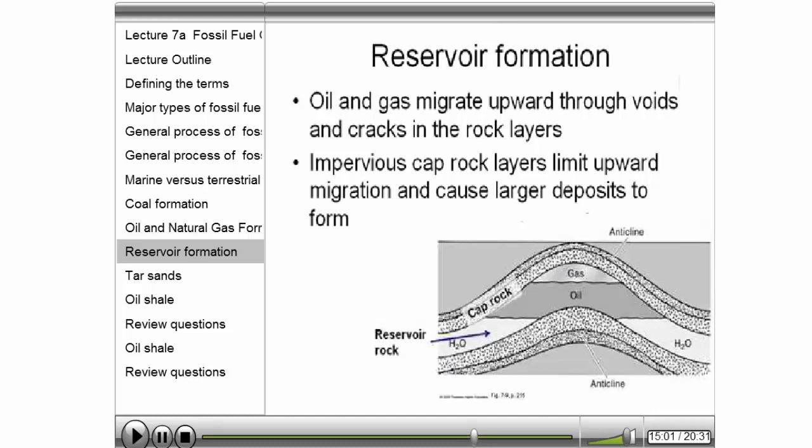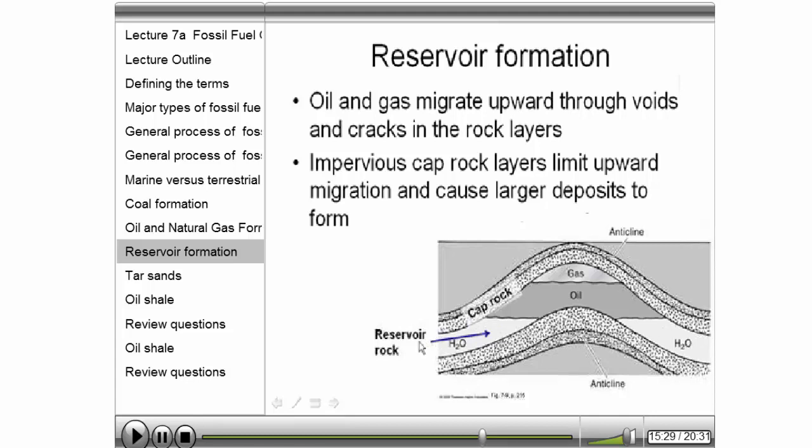Again, from the textbook, this diagram shows the curved nature, this anticlinal formation that gives rise to an underground structural feature to where the upward moving gas, which is the lightest typically, and then the underlying oil will migrate and then trap. And there may also be, and typically is, water, groundwater, associated with the lowermost area.